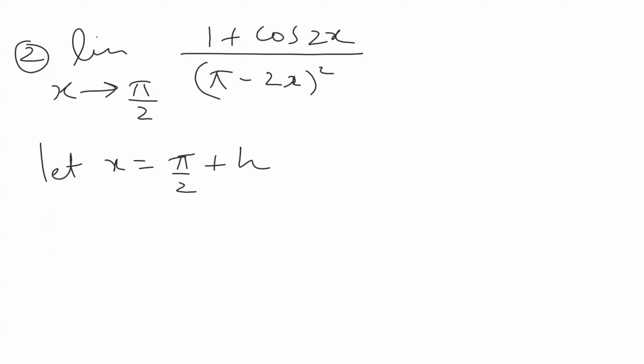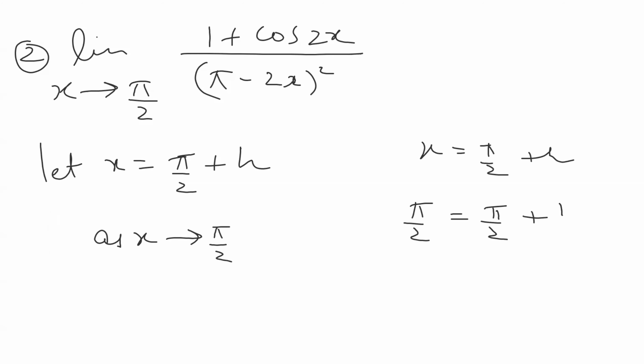So as x approaches pi by 2, x is equal to pi by 2 plus h. When x is very near to pi by 2, h will be very near to 0. So h approaches 0, right? So wherever there is x in the problem, I'm going to put pi by 2 plus h, right?